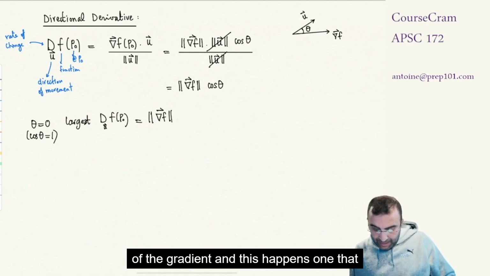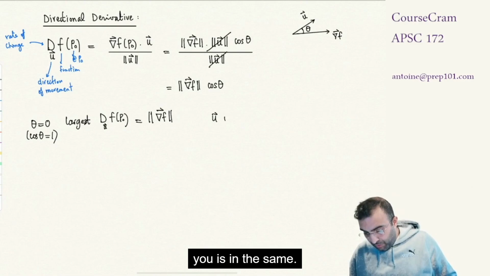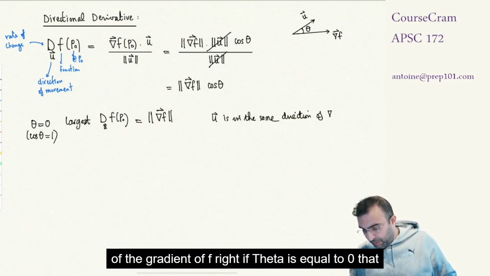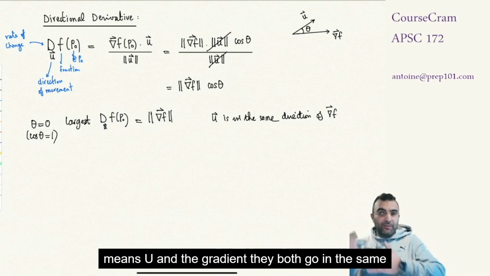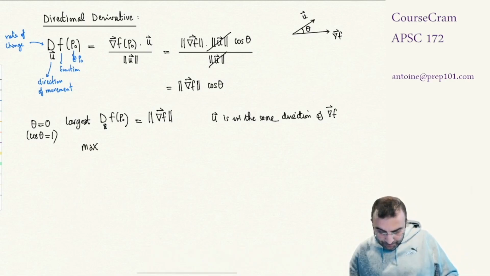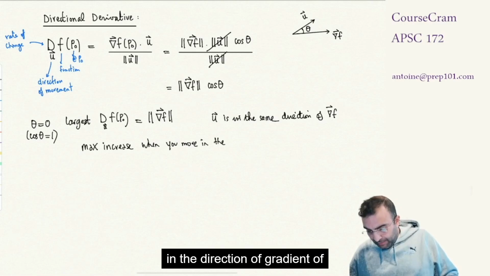And this happens when theta is equal to 0. That means u is in the same direction as the gradient of f. If theta is equal to 0, u and the gradient both go in the same direction. So you get the maximum increase when you move in the direction of the gradient of f.